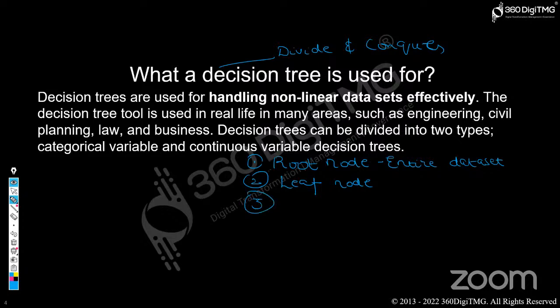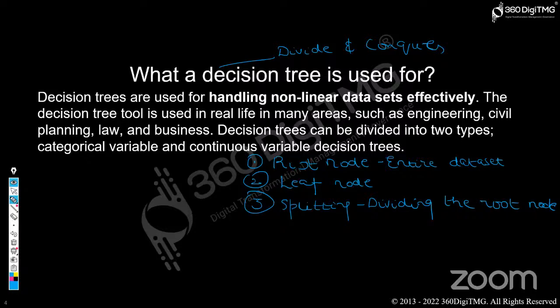These are some terminologies that you should be aware of while dealing with a decision tree. Another thing is splitting. Splitting, guys, is a process of dividing the root node into subnodes according to the conditions that are given.